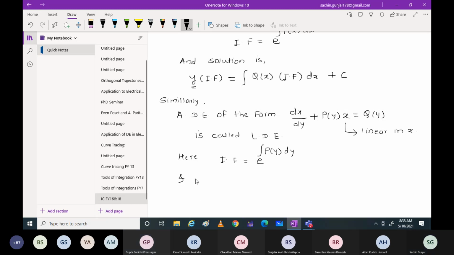And solution is, tell me, dependent variable x into integrating factor is equal to integral Q of y into integrating factor dy plus constant of integration. And this integrating factor is obtained by rule number 4.